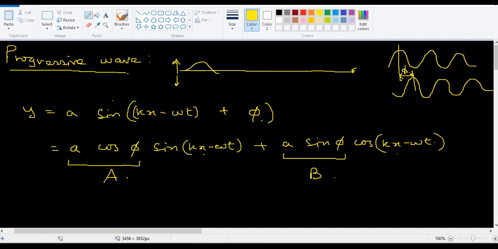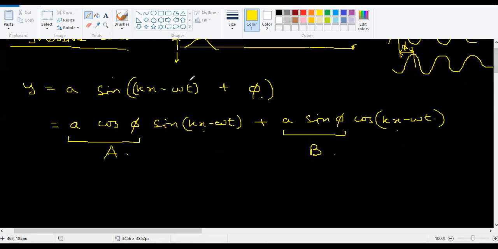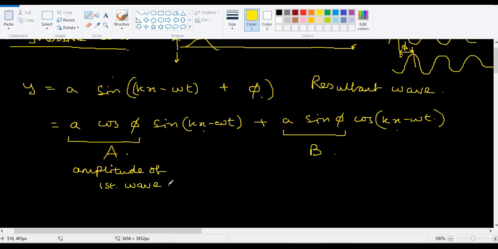Based on this formula, I can write this as A sine(kx minus omega t plus phi). That means this is your resultant wave. Take it down: this is the amplitude of the first wave, and this is the amplitude of the second wave.